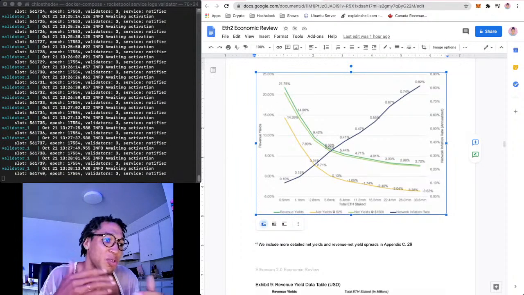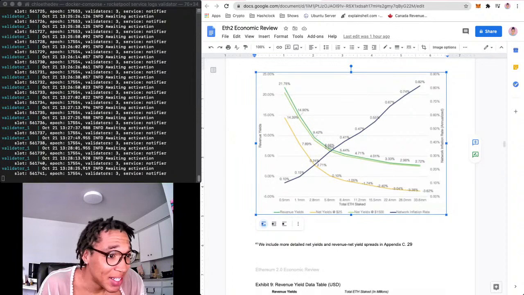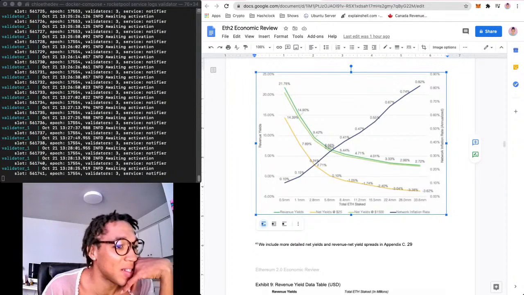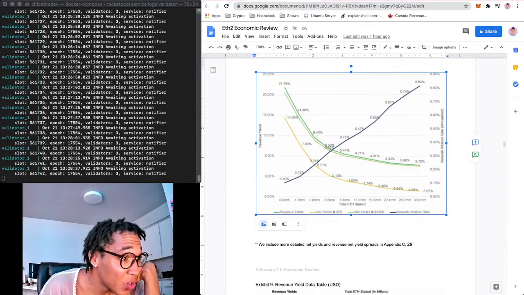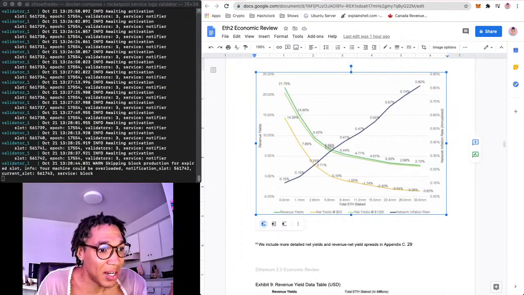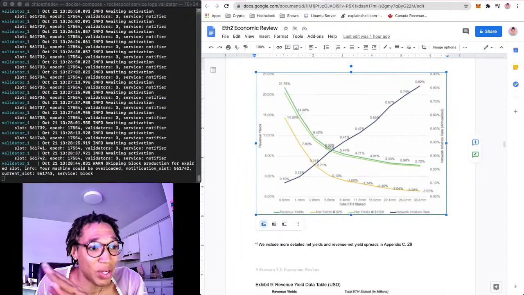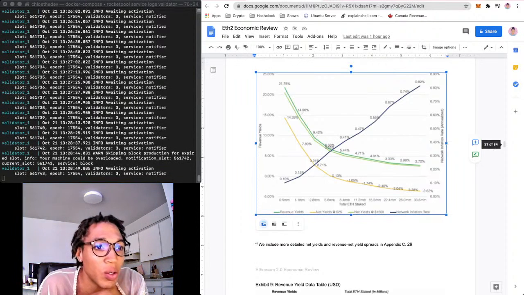That's supposed to show you what your yield will be at different prices of ETH, and then how much ETH is staking. On the bottom left-hand corner, you can see not a lot of ETH staking, and then all the way up to 33.6 million ETH being staked.